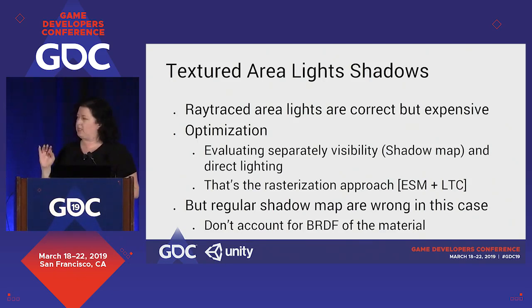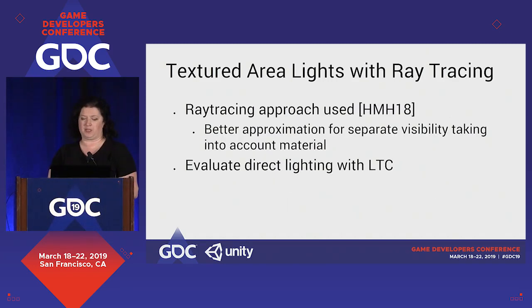It's a very similar principle to rasterization. We render visibility to shadow map using exponential shadow maps, and then apply lighting. And of course, the regular shadow maps are incorrect in this case because they're not accounting for BRDF for the material. But again, you're thinking about performance implementation, so it is a reasonable compromise.